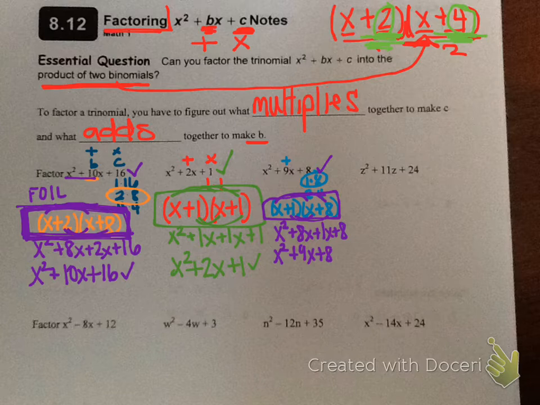And then on this one we have 1 and 24, 2 and 12, 3 and 8, 4 and 6 to choose from. And which of those combines to make 11? Well, 3 and 8.